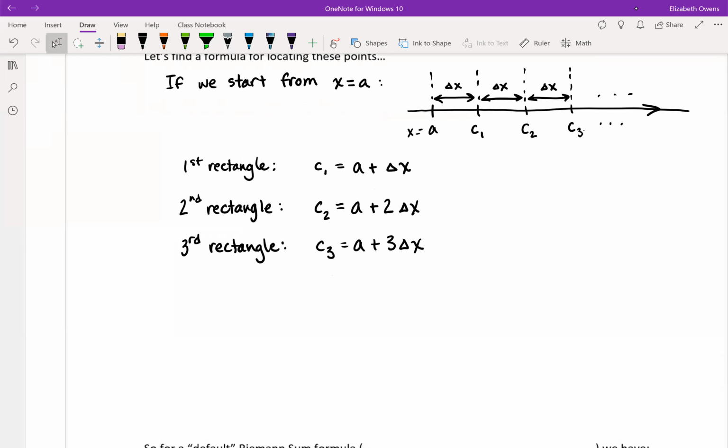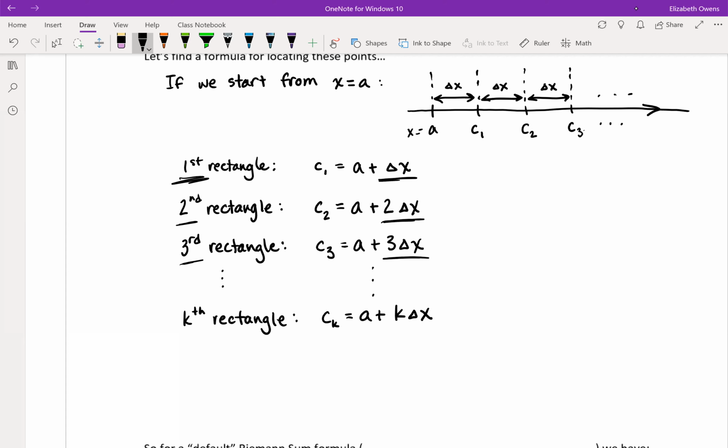So if we make this generic for the kth rectangle, we can find the right endpoint, ck, by taking a and adding k of those delta x terms. A plus k delta x. It's just following that same pattern. First rectangle has 1 delta x, second 2 delta x, third 3 delta x, kth k delta x.